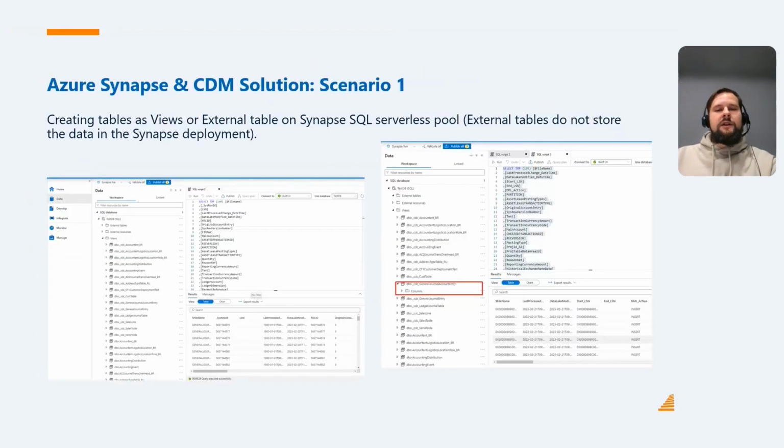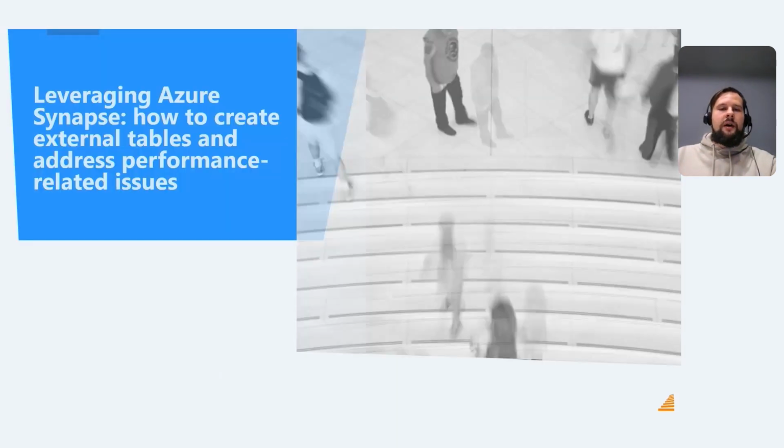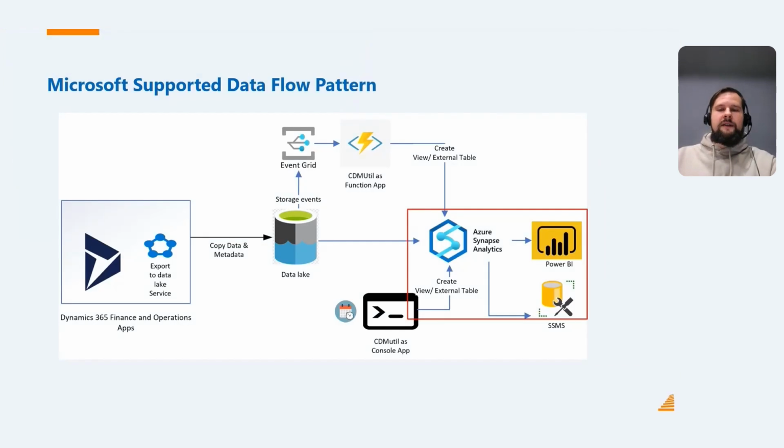So if you take a look, we do just a quick recap of the whole process, and you can find a blog post that covers how to set this up. But just to give you a rough idea how it works: we have a service that exports to data lake, right? Then the data resides.